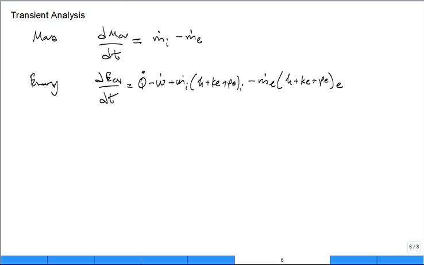There are types of problems. One type of problem is you have a large supply line or supply tank that fills an initially empty tank.